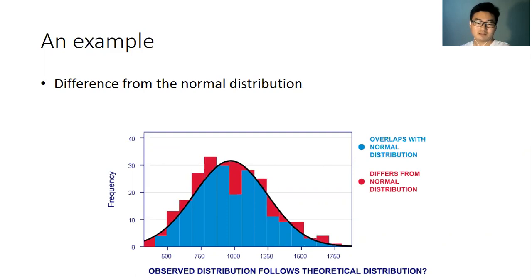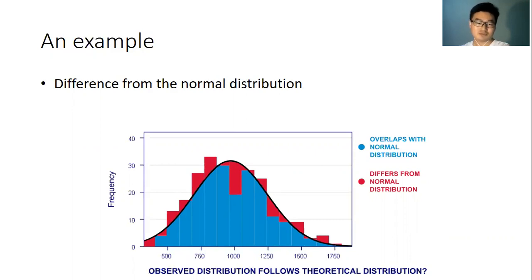The red areas show the differences between our data distribution with the normal distribution. In statistics, it calculates the percentage of the difference. That is the percentage of the red area. This percentage can tell us to what extent the difference it is. Our null hypothesis is that the data is normally distributed.